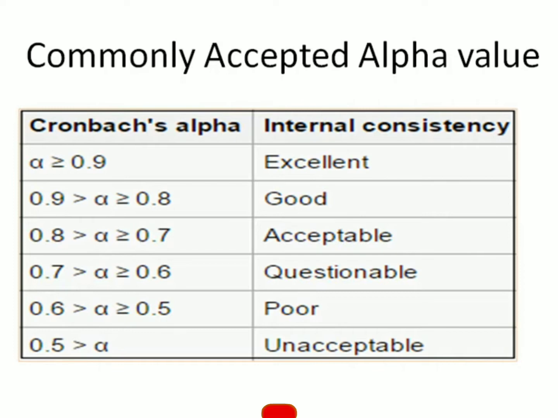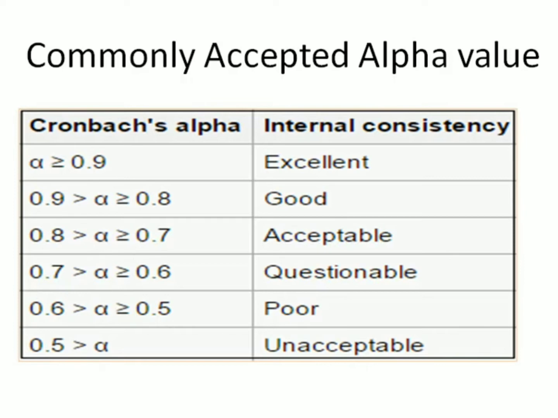Here are the commonly accepted alpha values. If the alpha value is greater than 0.9, the instrument is excellent. A value between 0.9 and 0.8 means the instrument is good. If the value is 0.8 to 0.7, the instrument is acceptable.